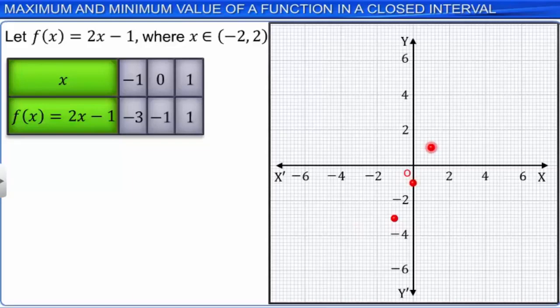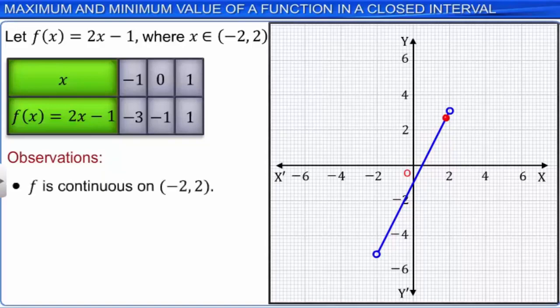With these ordered pairs, the graph of the function can be obtained, which is as shown. Let's now jot down all the observations that we get from this graph. Since there are no gaps or breaks in the graph, the function f of x is continuous on the given interval.